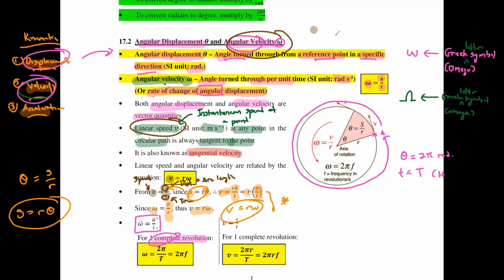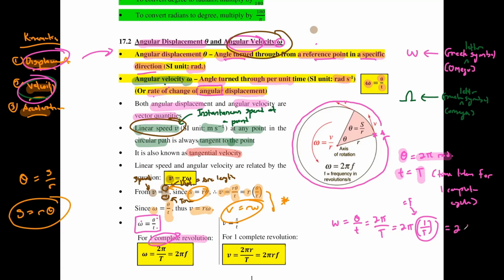Period, you learned last time as the time taken for one complete cycle, right? So when you have something that moves in one complete revolution, the angle covered is 2 pi radians, and the time taken is equivalent to 1 period. So if I have omega equals theta over t, this becomes 2 pi over T. I can further rearrange it to become 1 over T, where 1 over T is actually equal to frequency.